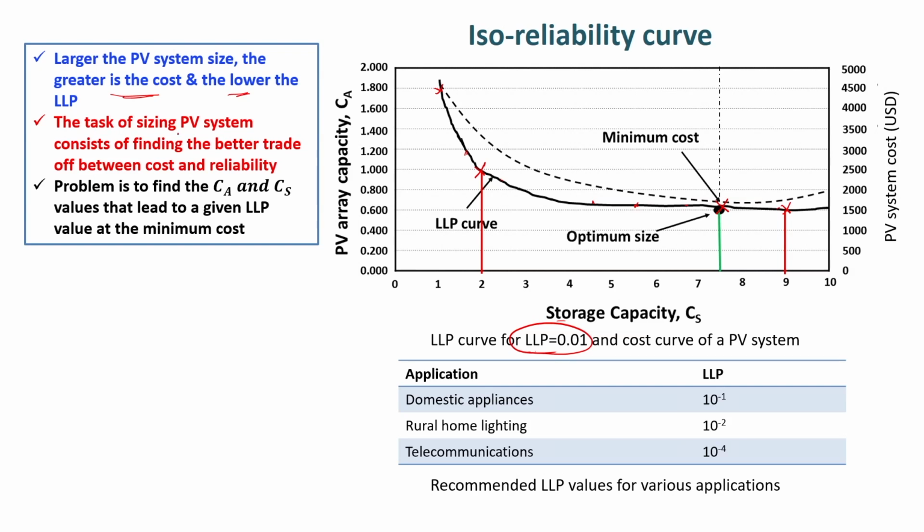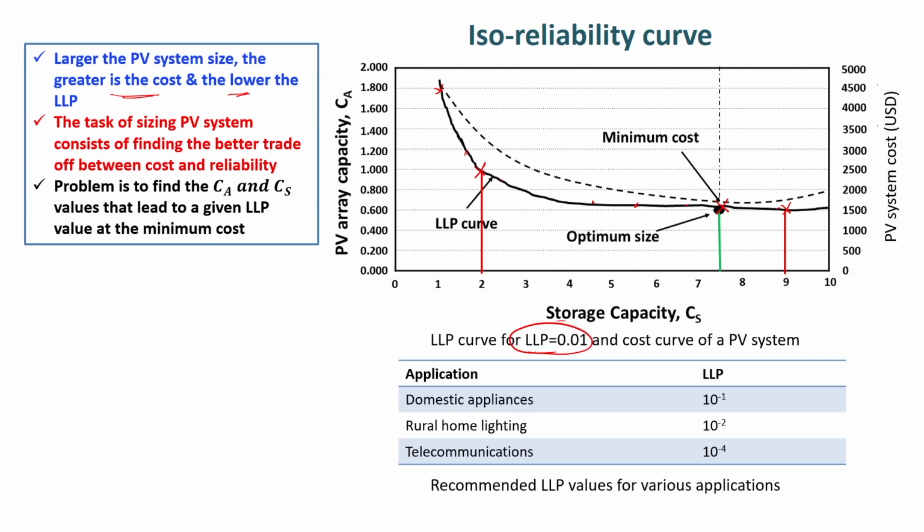So, the task of sizing a PV system consists of finding the best trade off between the cost and reliability. And there is always the problem of finding the CA and CS values that lead to a given LLP value at the minimum cost.